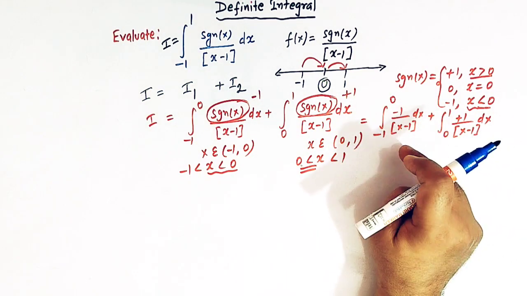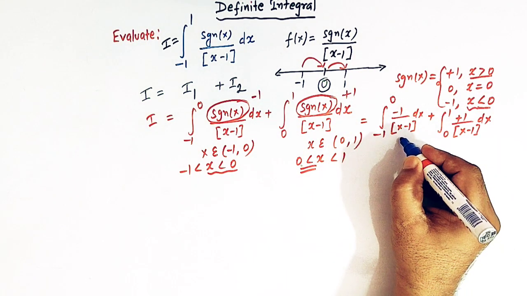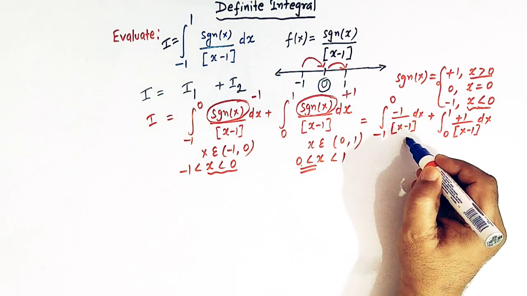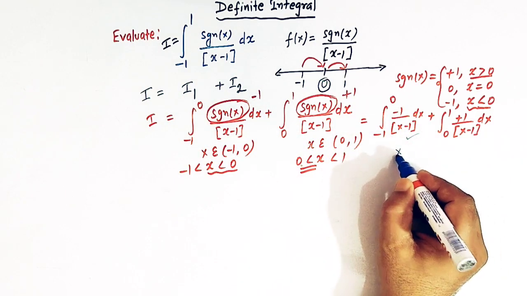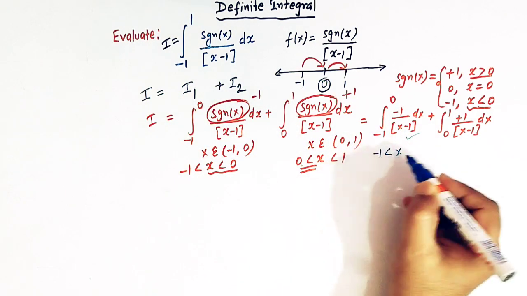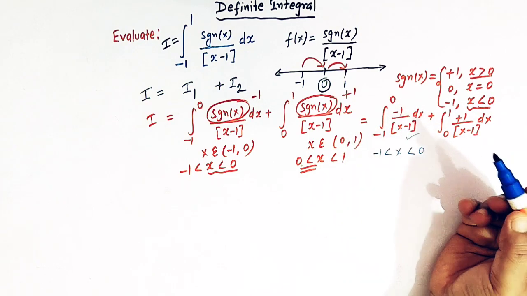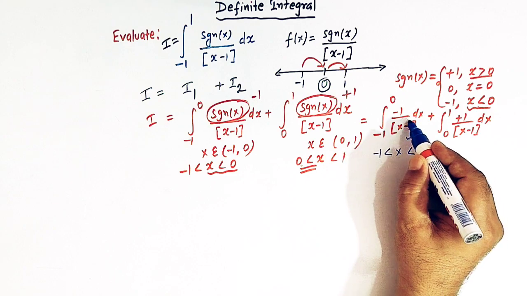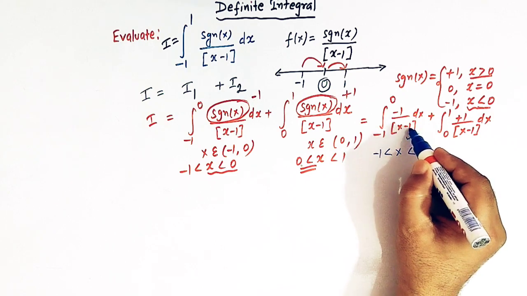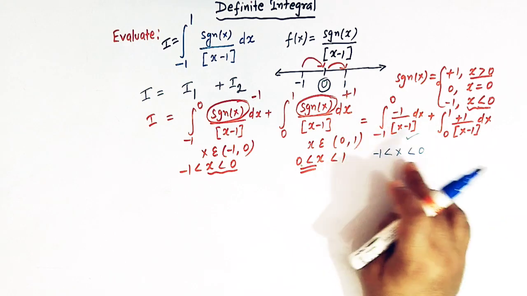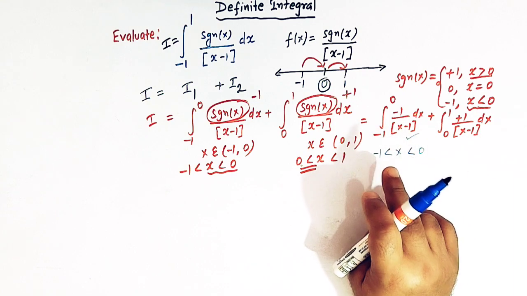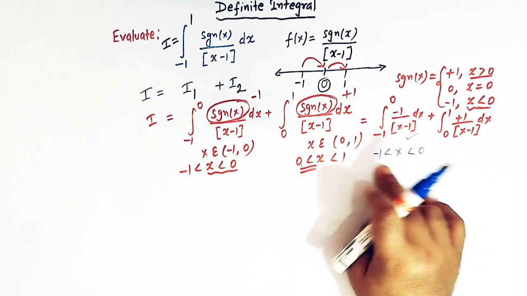So now see in this integral, that is the first integral I1, we see that x lies between minus 1 and 0, minus 1 and 0, right? And see, we need to find out x minus 1. So what we will do, we'll subtract 1 throughout in this inequality.